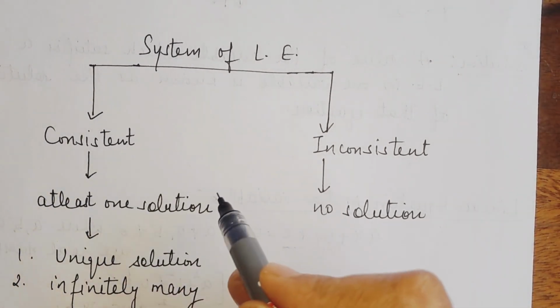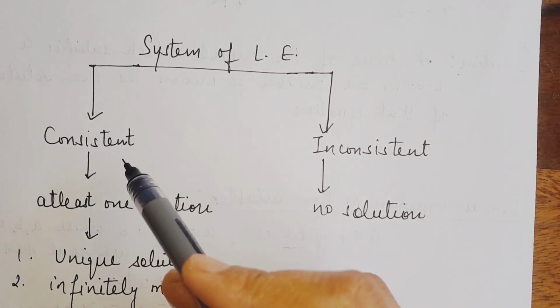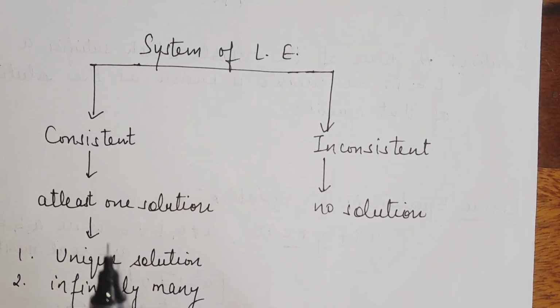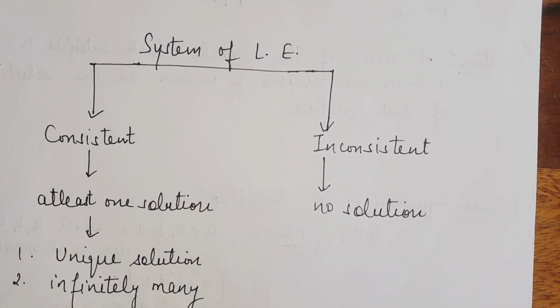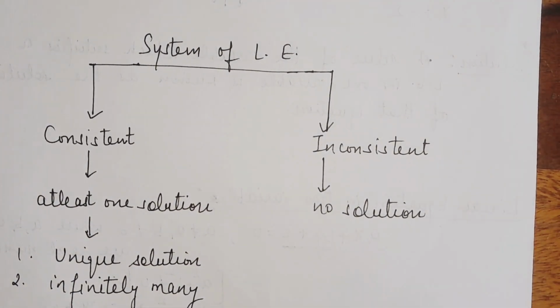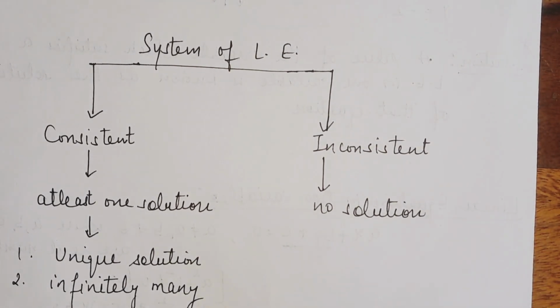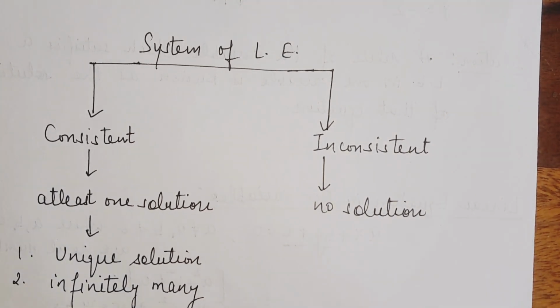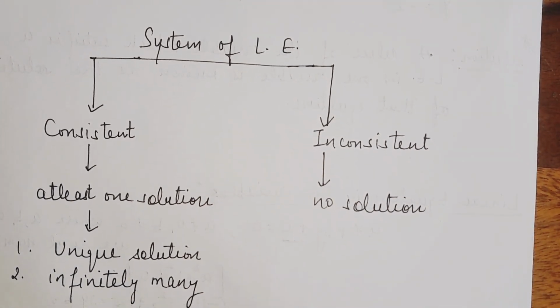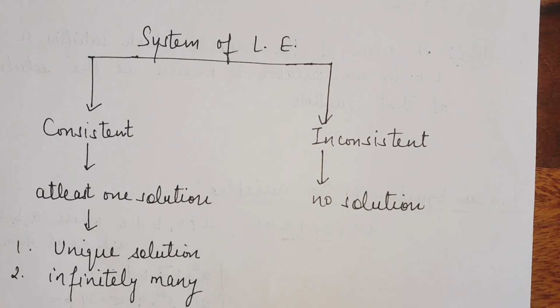If even one solution exists, we will call it a consistent set of equations. And within it, there may be one solution or more than one solution. As in the above example, there is only one solution, so we may call it a unique solution. And if there are more than one solution, we will call it infinitely many solutions.